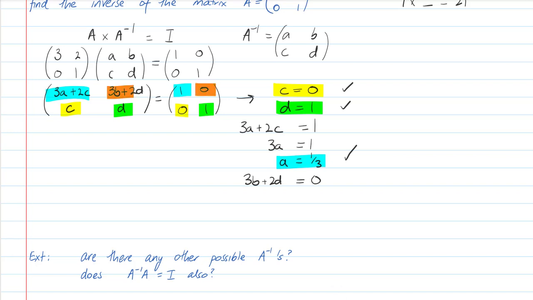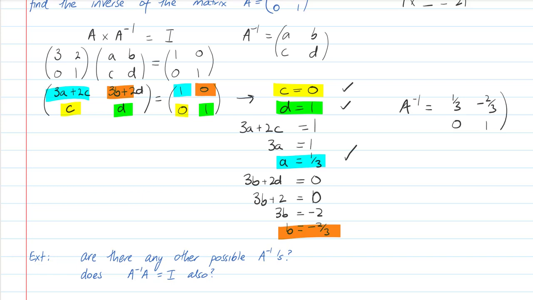D is 1, so 2D is 2. So I get 3B plus 2 is equal to 0, 3B is equal to negative 2, and B is equal to negative 2/3. And so there we have it, which means that A inverse over here is equal to a third, negative 2/3, 0, 1.